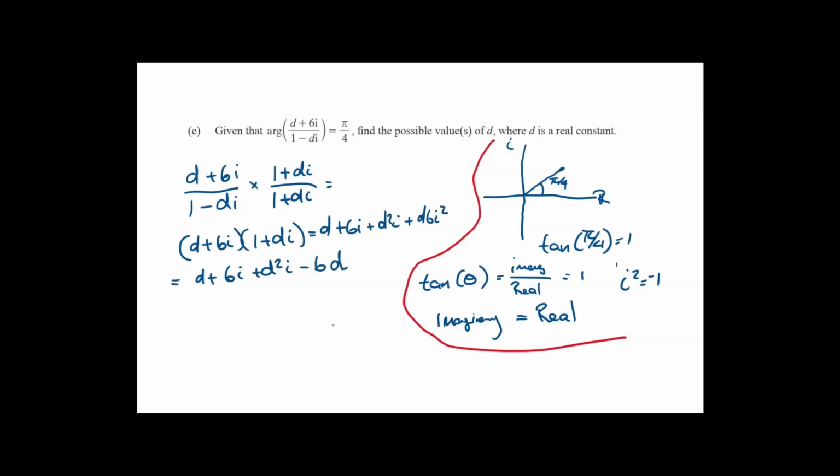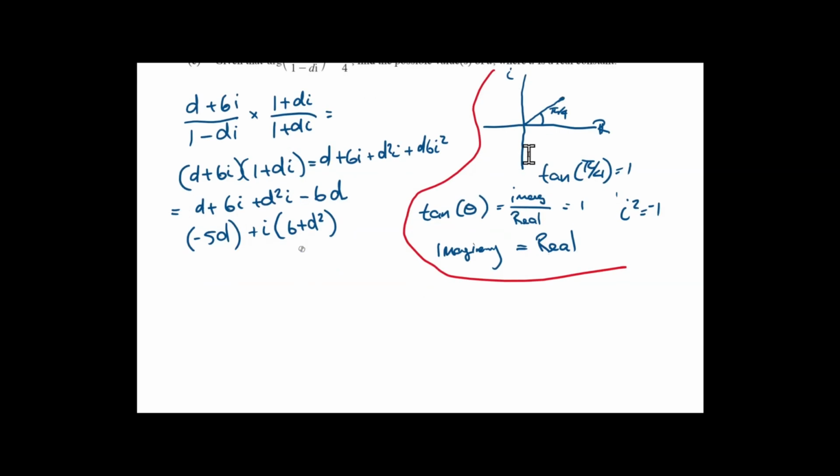Let's simplify that, but let's separate it out into its real and its imaginary parts. So the real part, we have d minus 6d, so minus 5d is our real part, plus 6 plus d squared is our imaginary coefficient for the top. Now the bottom is going to be the same mechanics.